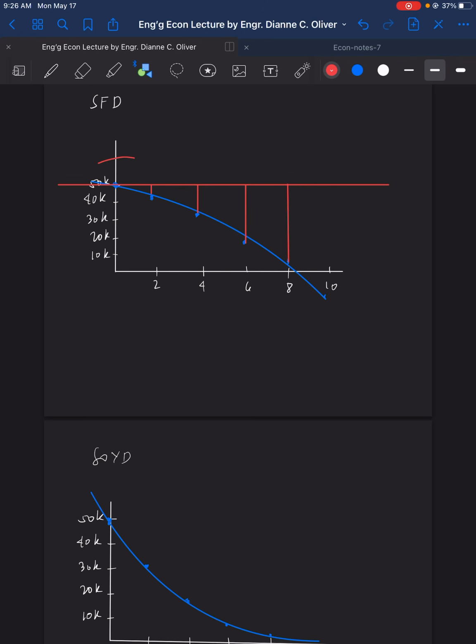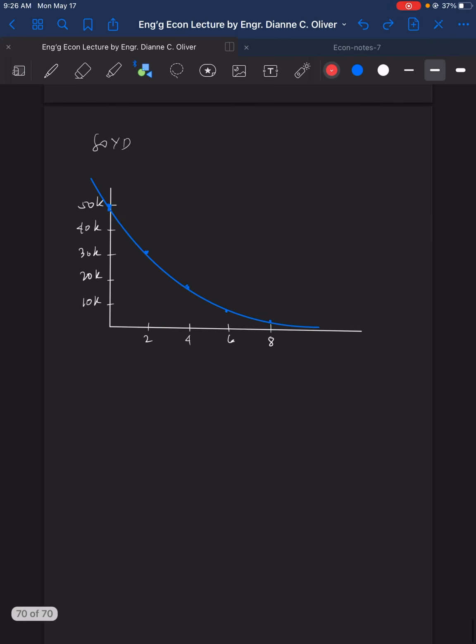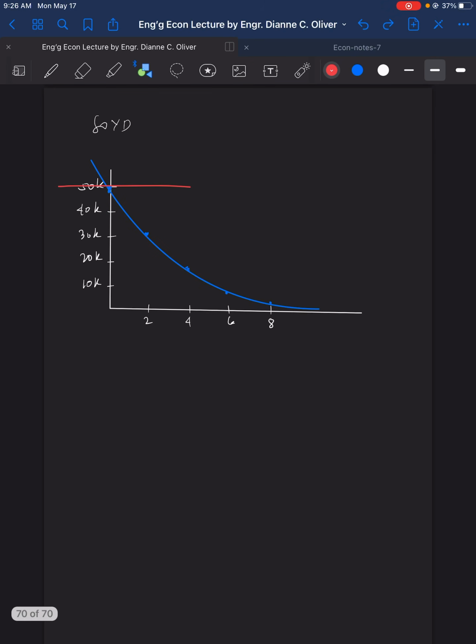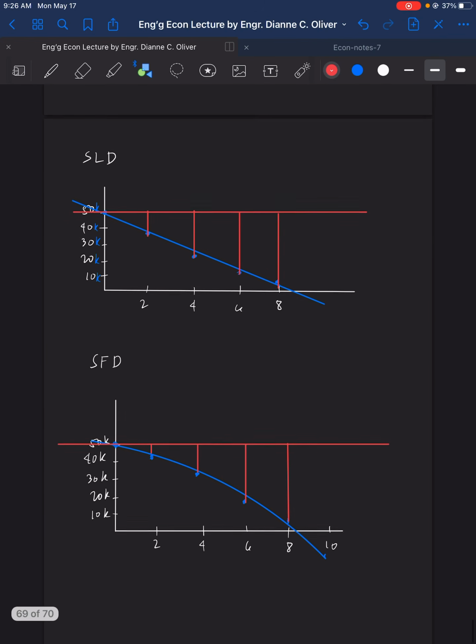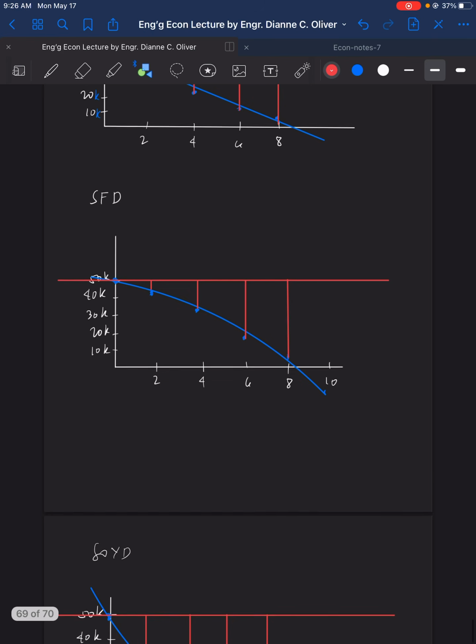The first years have minimal depreciation, but as time goes by, it increases significantly. For the sum of years digit method, you can see the sudden drop in the second year, the sudden drop for the fourth year, and then it goes minimal as time goes by. So that's the difference for these three methods. So that's all for this.